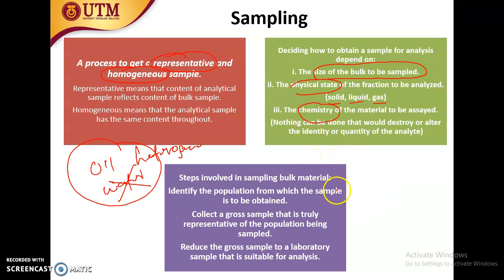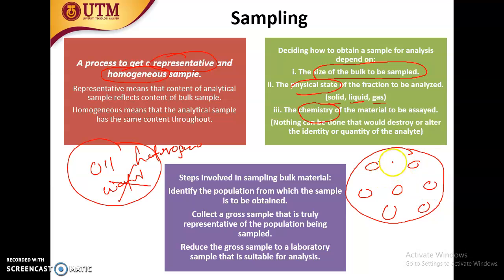When you want to do sampling, you have to identify whether you want to get a grab sample or a composite sample. For a grab sample, for example seawater in a 10 kilometer radius, you want to get 10 parts where you sample, so it represents the whole 10 kilometer radius.